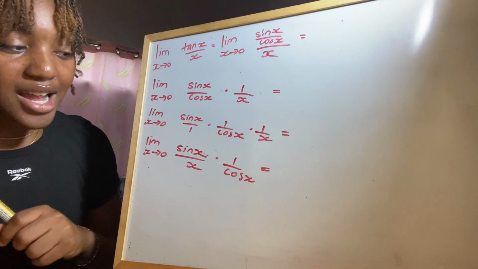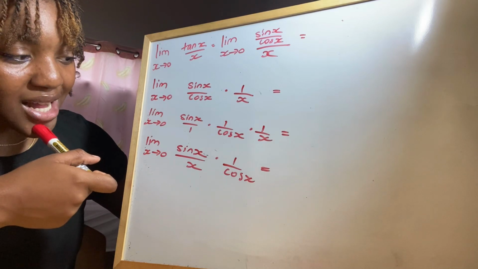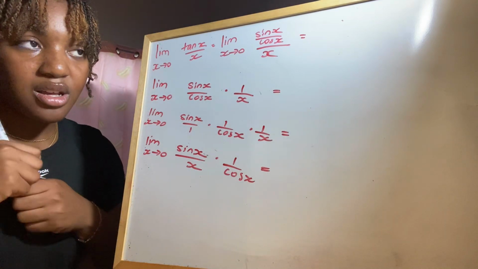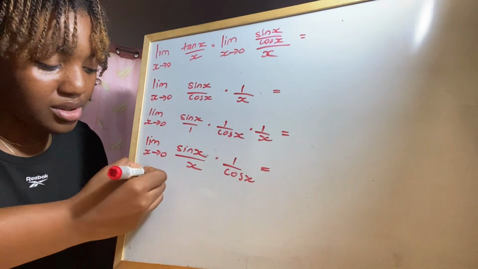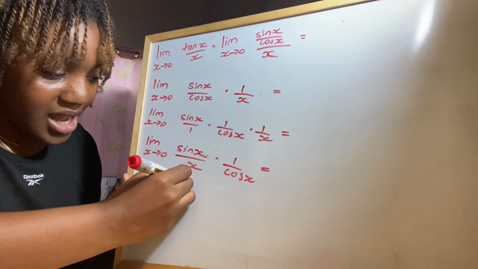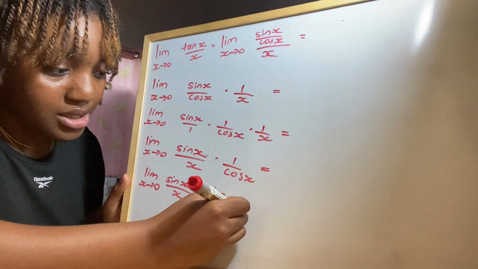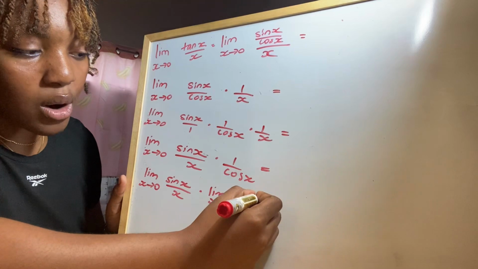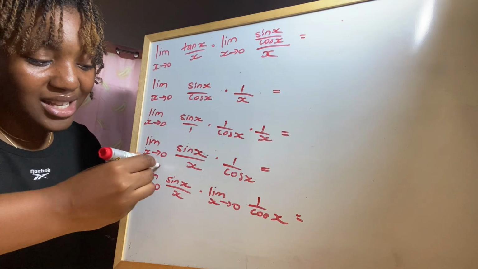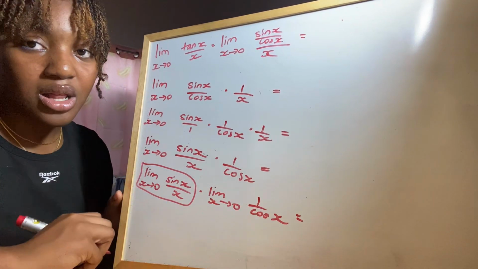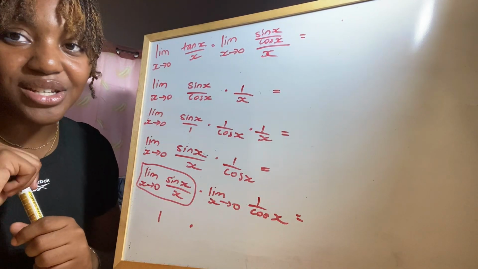Next thing, since I have this, what I'm going to do right here is treat these two as separate limits using the law involving the product, where we basically separate the two. The limit as x approaches 0 for sine x over x being multiplied by the limit as x approaches 0 for 1 over cos x. So for this one, we know from the special case that this is going to be equal to 1 multiplied by, for this, we're going to use direct substitution.